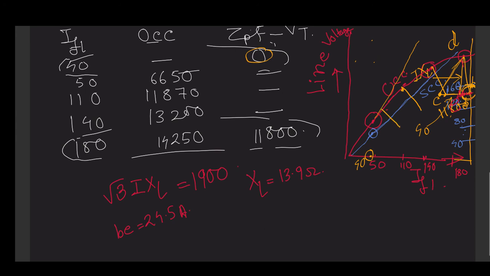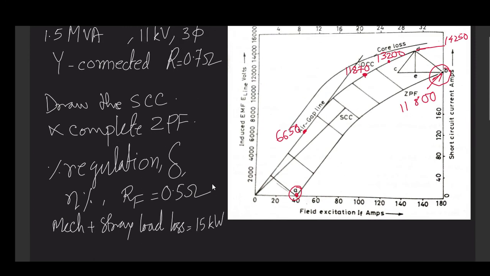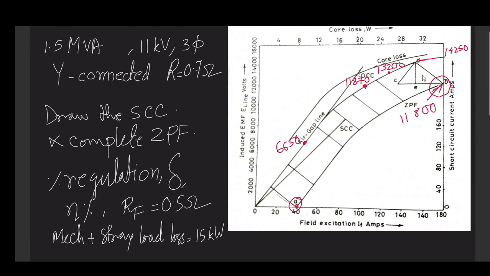Take an arbitrary point on your OCC and draw parallel lines of length DB and then join all of them to find your zero power factor characteristics. The diagram that is drawn to scale is this one. So all these are parallel to your DB, right?